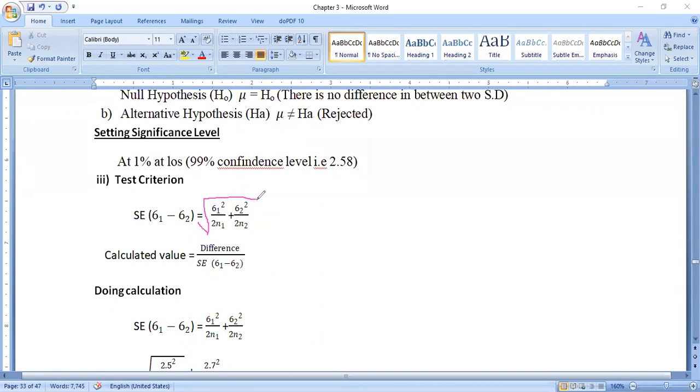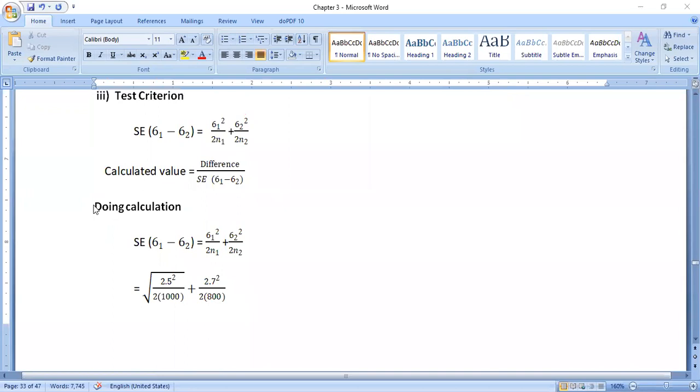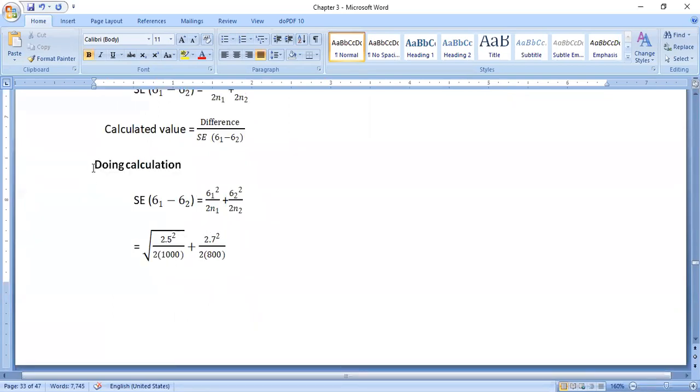This is the first formula. Then the calculated value is equal to the difference of the two standard deviations divided by the standard error. After completion of the test criterion, we go for the next step, doing calculation, step number 4.